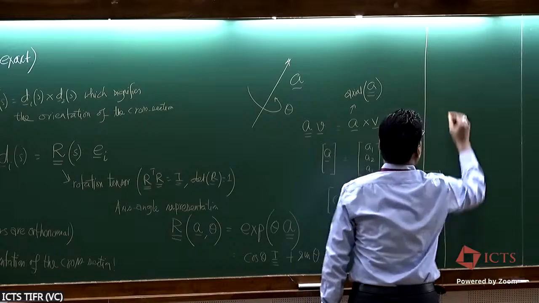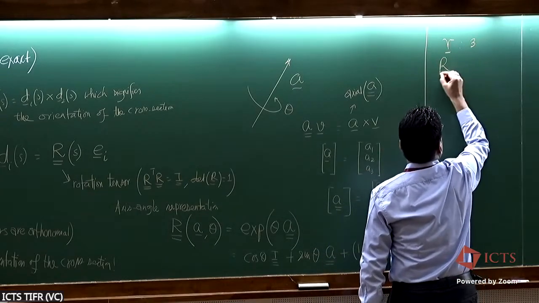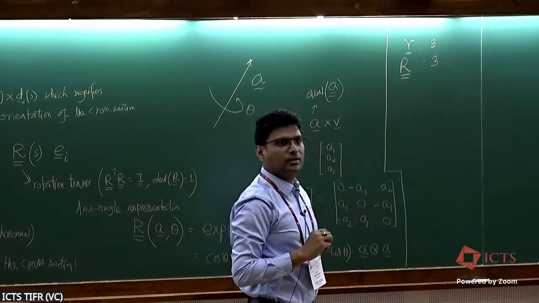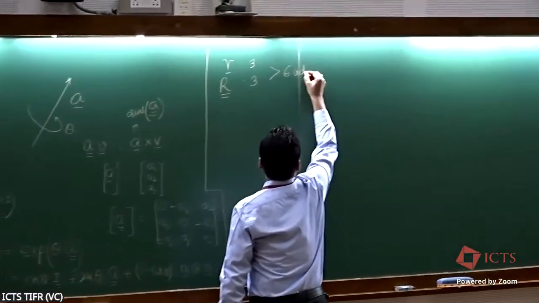So small r having 3 variables and big R also having 3 variables, for a total of 6 independent variables in this theory.